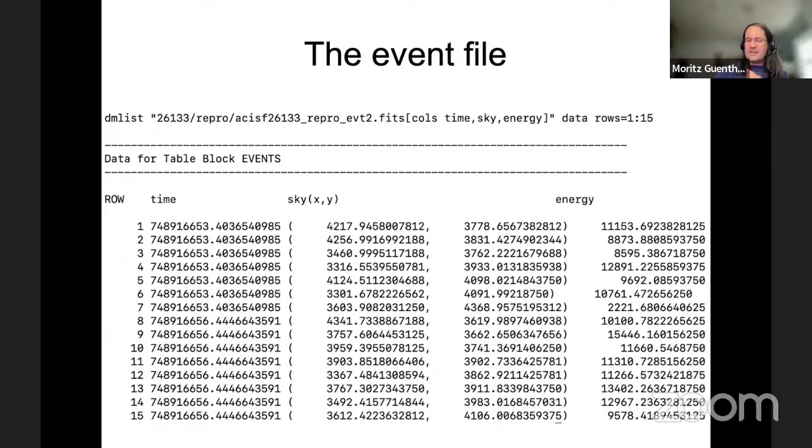Chandra can't really see X-rays above 10 keV, so those must all be background, and we'll just throw them away. These 8.8 or 8.59, 9,000 eV, like 9.6 keV or 9.7, are probably also background events, because again, I know that Chandra's mirrors can't actually focus X-rays very well that are this high.